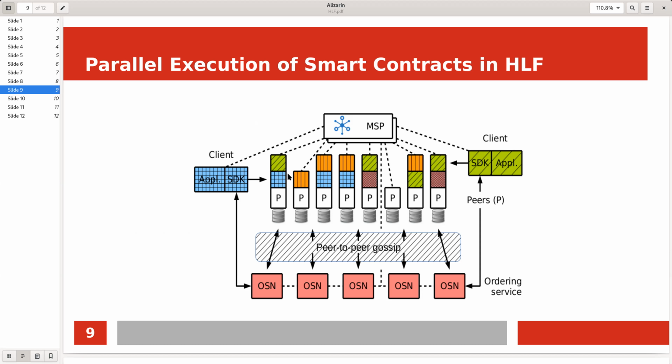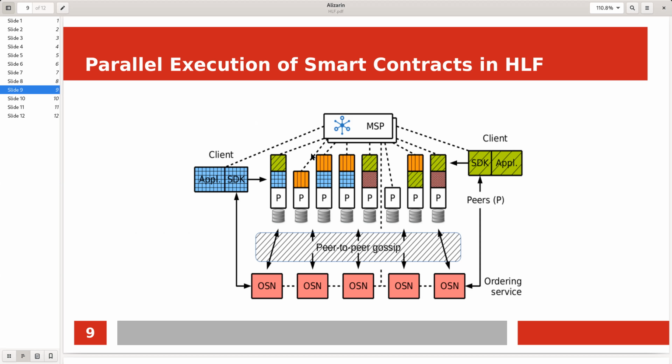Because each smart contract is executed by only a subset of nodes, multiple smart contracts can be executed at the same time by different nodes, which solves again the problem of throughput of the whole system, because we can use this large number of peers in order to parallelize execution of smart contracts, even if they are expensive from the execution point of view.